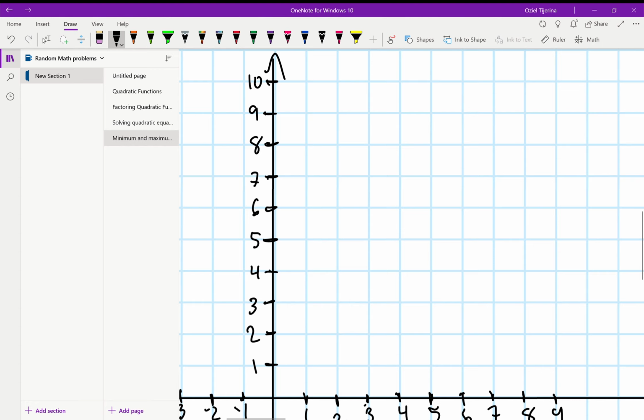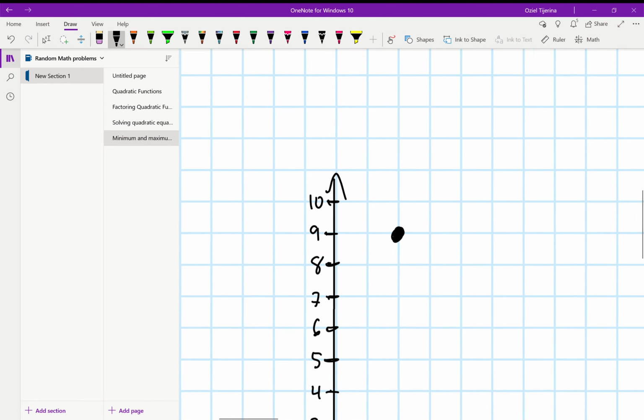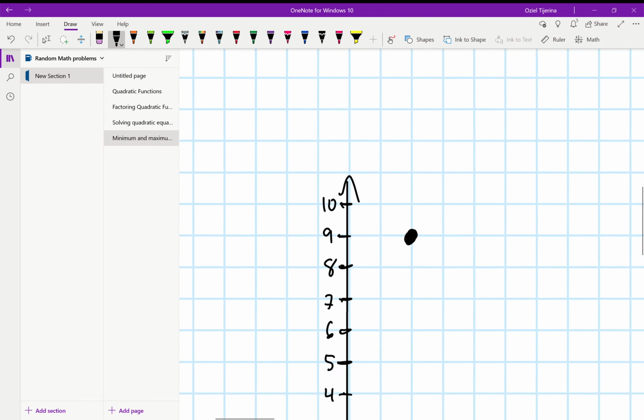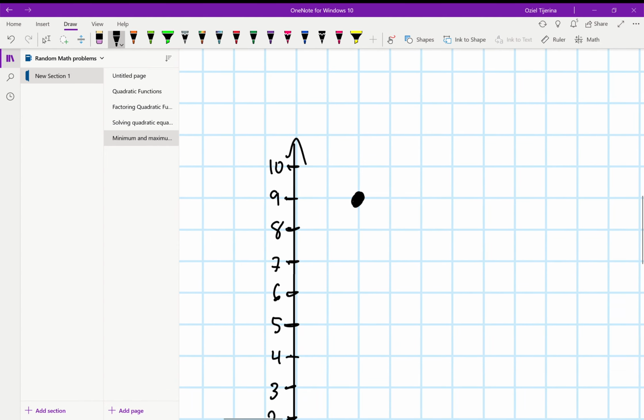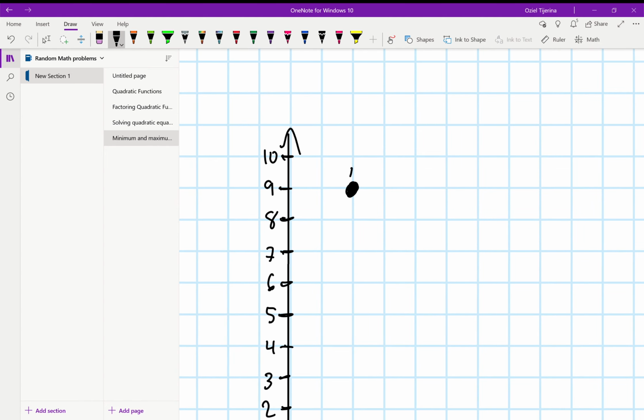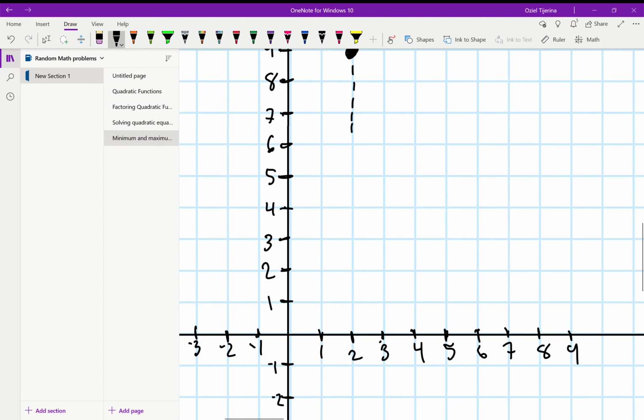So here will be our vertex, 2, 9. And so then we would basically draw our axis of symmetry.